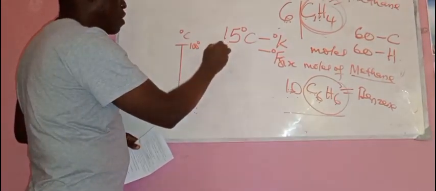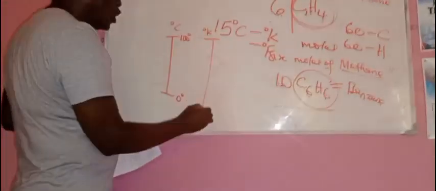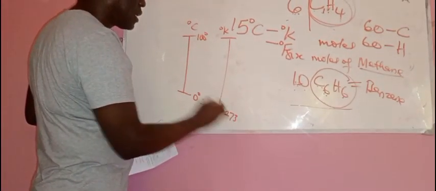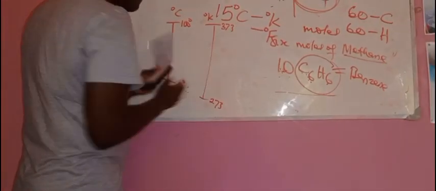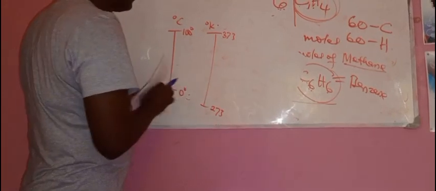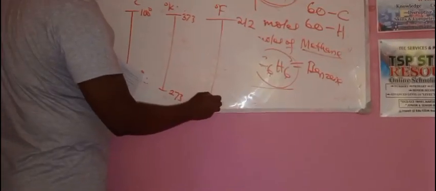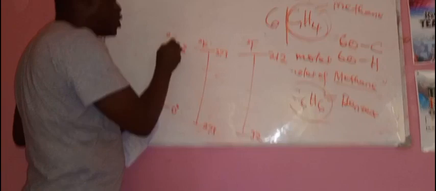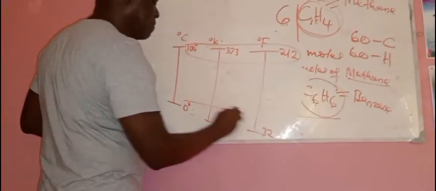Now, for degrees Kelvin, the lower is 273 and the upper is 373. For degrees Fahrenheit, it is 212 and 32. That means all these are equivalent. They are the same value.